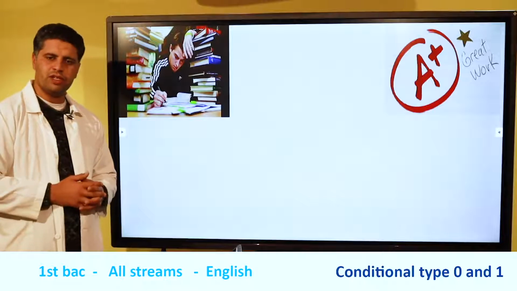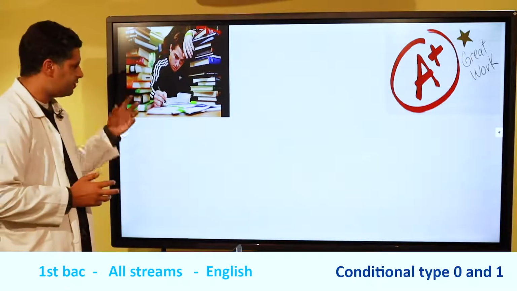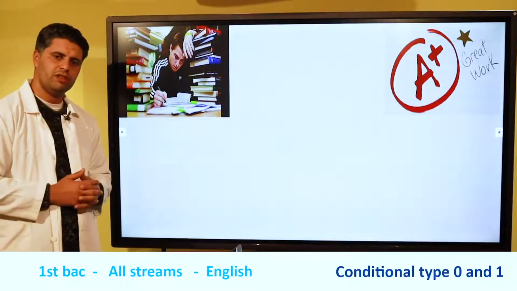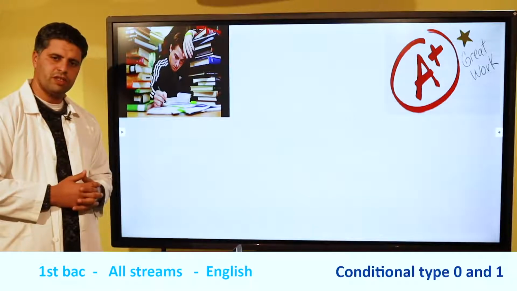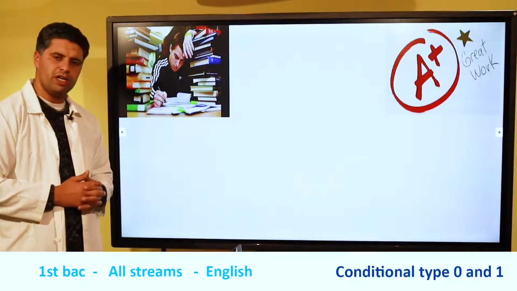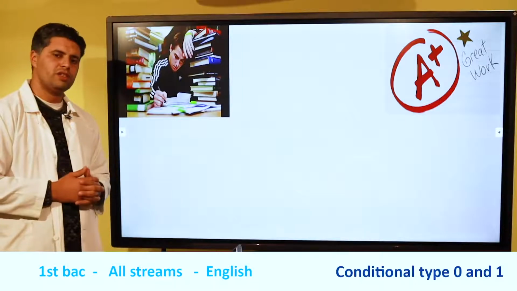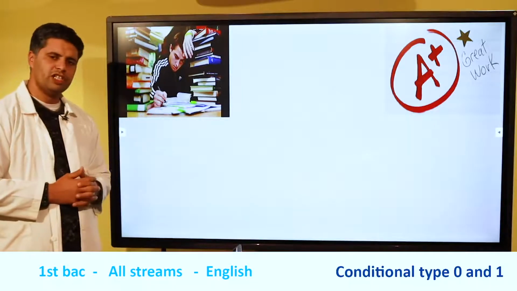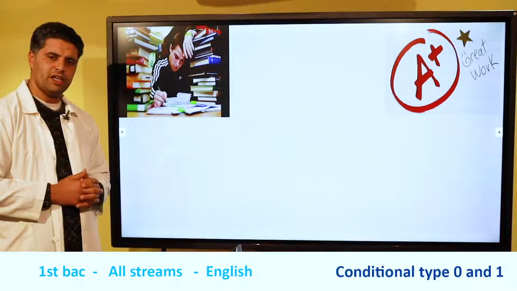If I ask you again, what is the relationship between the first picture and the second picture? Of course, you will say that when we study hard, we get good marks. So there is a strong relation between the first action and the second action.